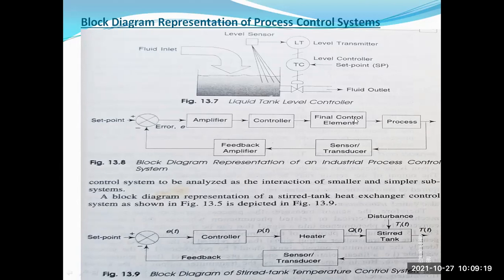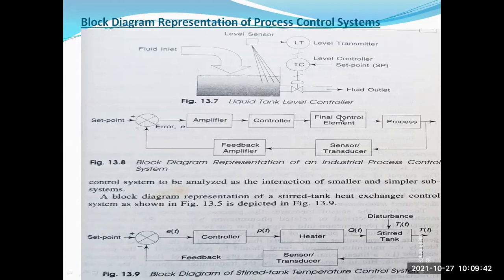This is used to take action for implementing the decision taken by the controller part. The final control element depends on the controller part, because the controller is the brain of the process control system, which gives the command to the final control element.